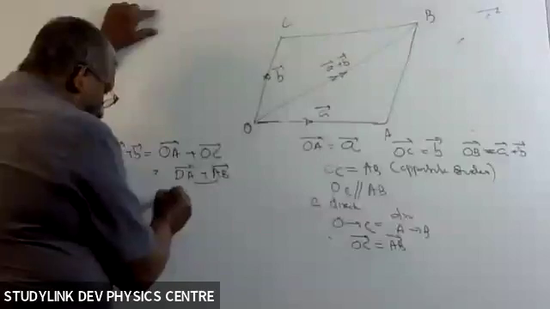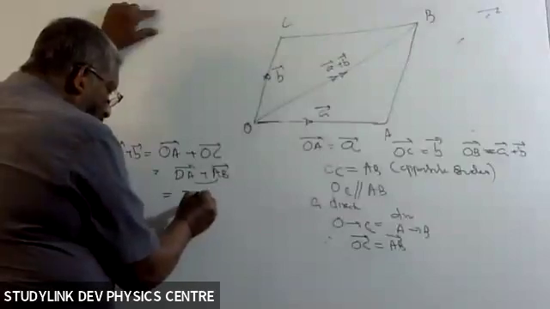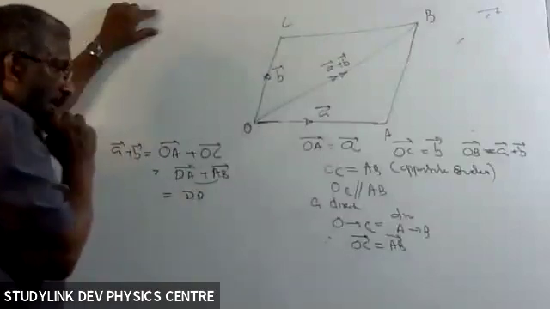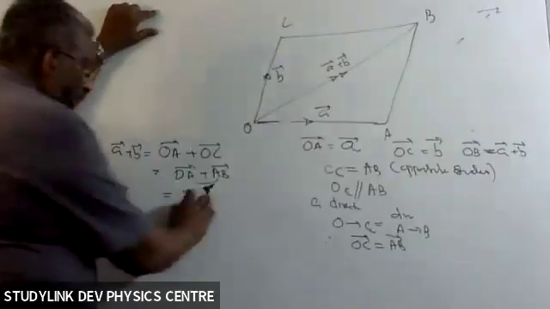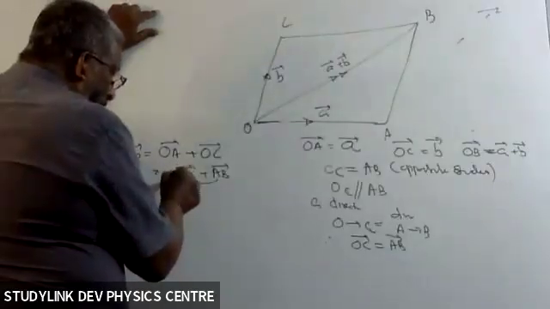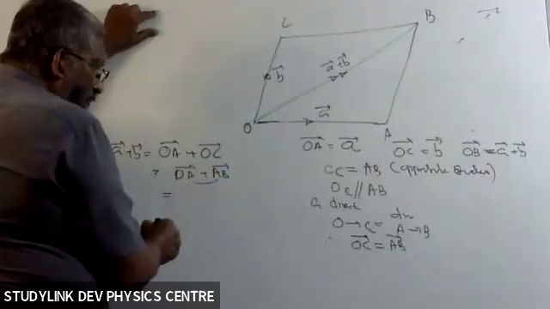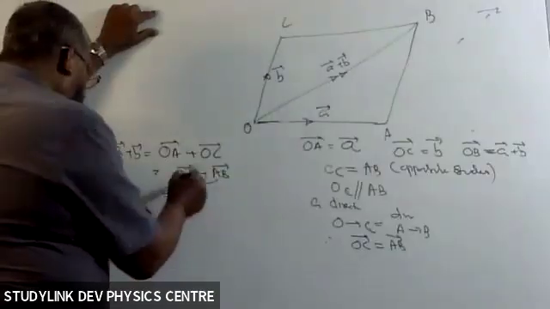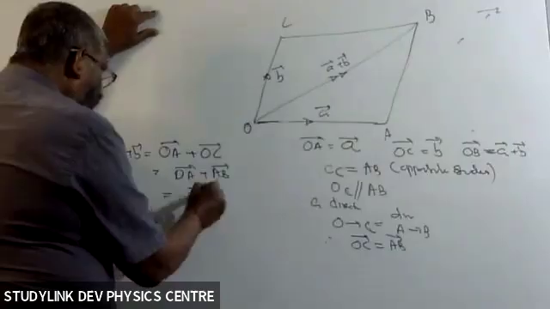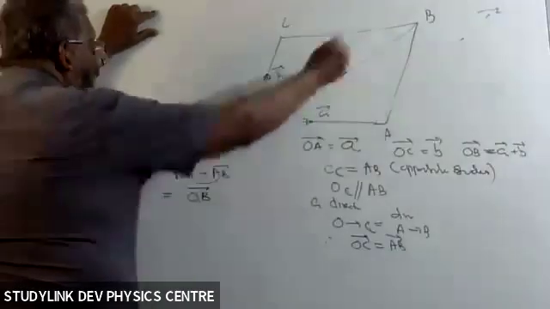Then these two are together, OA plus AB, so this is equal to OB.